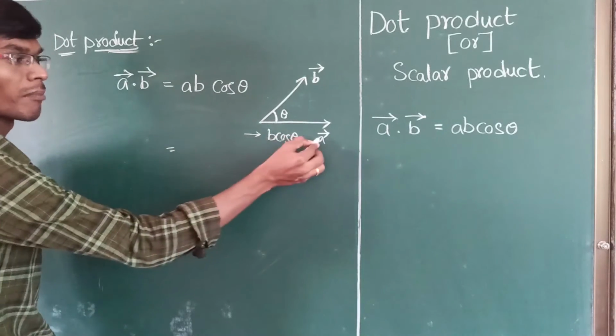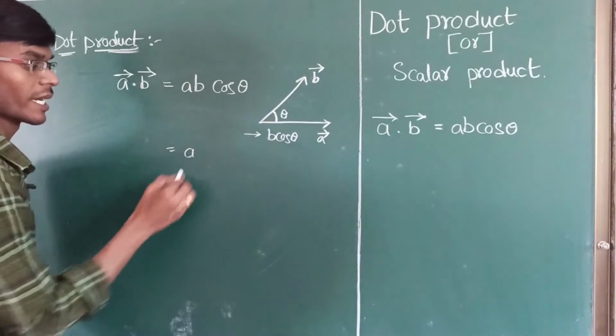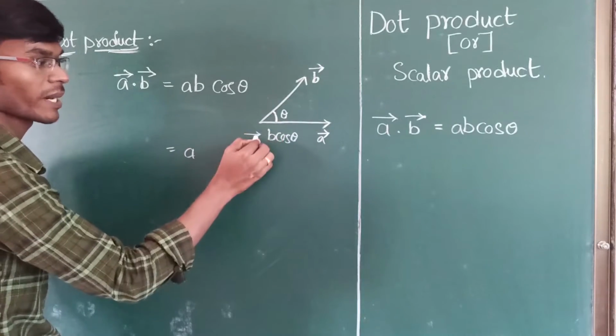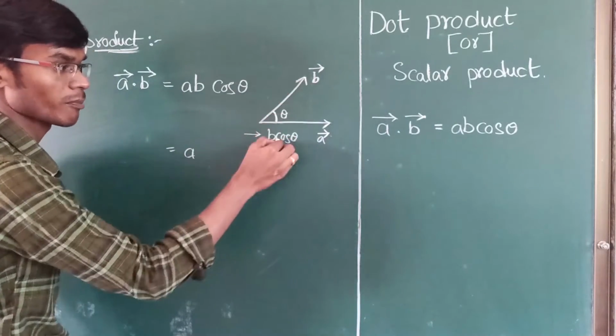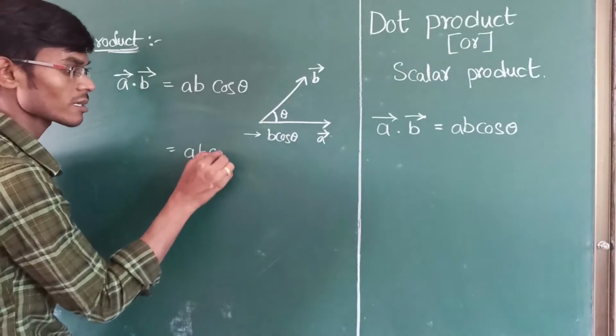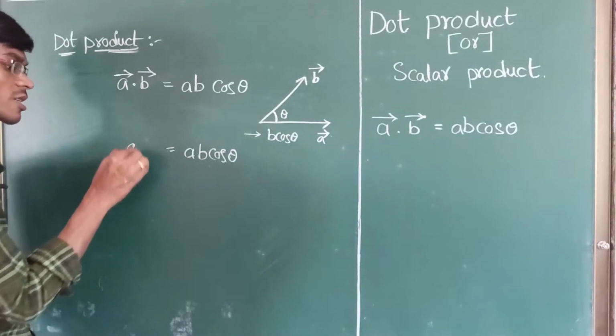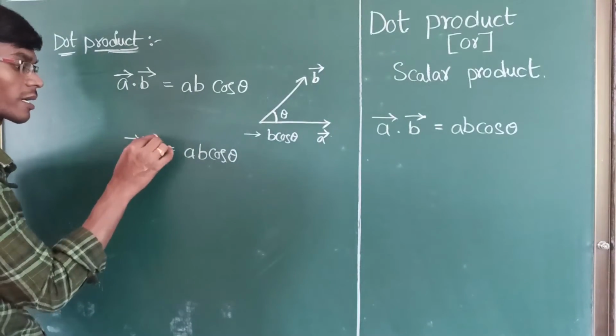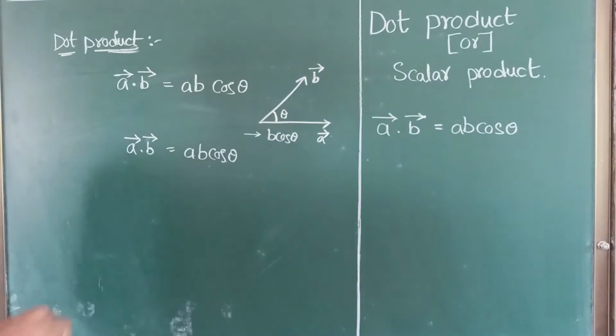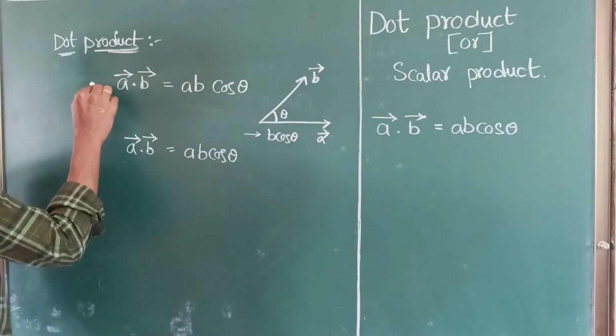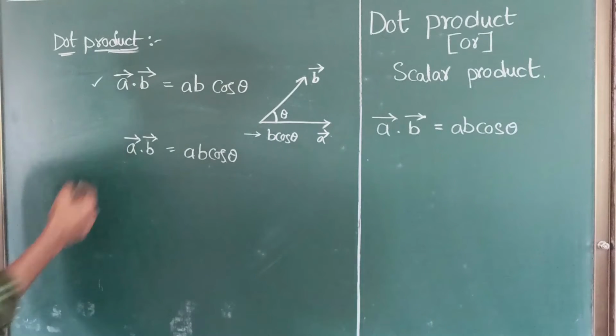See here, the magnitude of a bar vector is a, and the scalar component along this particular direction is b cos theta. So this also gives us a bar dot b bar. Okay, so this is the dot product or scalar product.